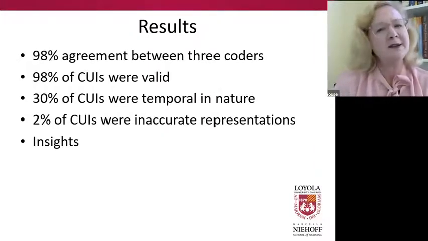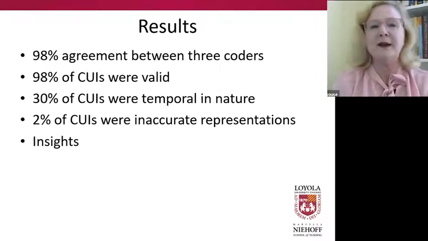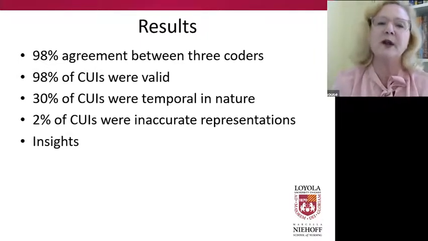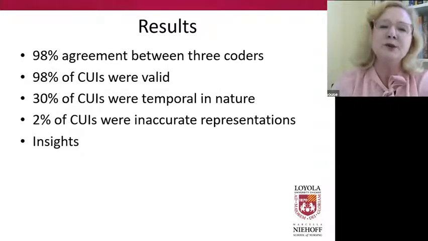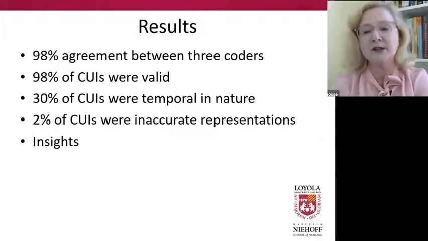Okay, well, that's temporal in nature. That means somewhere along the line, they must have had confusion that was new, and now it's better, or improved from where it was before. So we had to think about the temporal sequence of that. And then 2% of our concept unique identifiers were inaccurate representations.